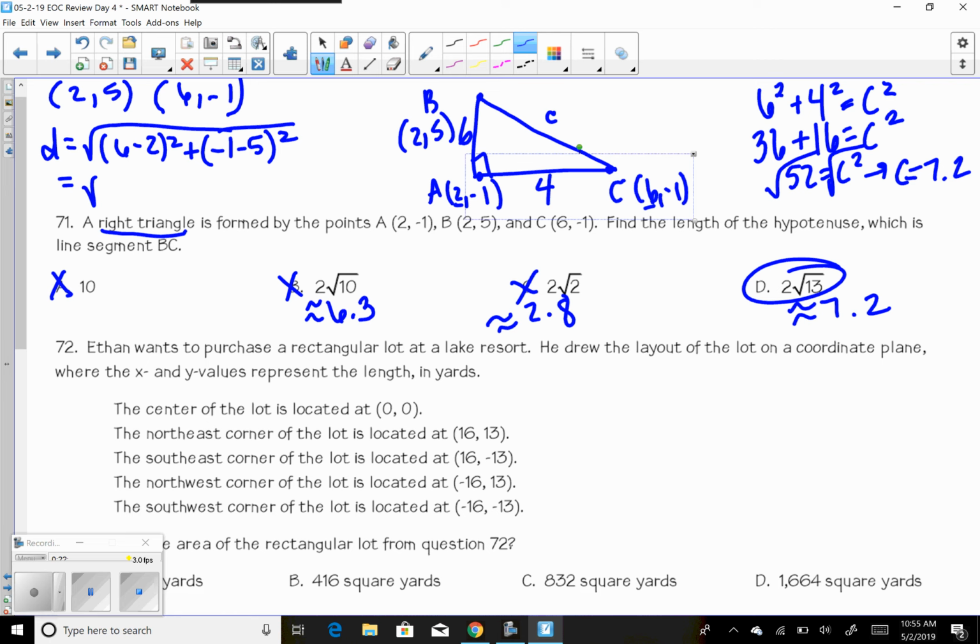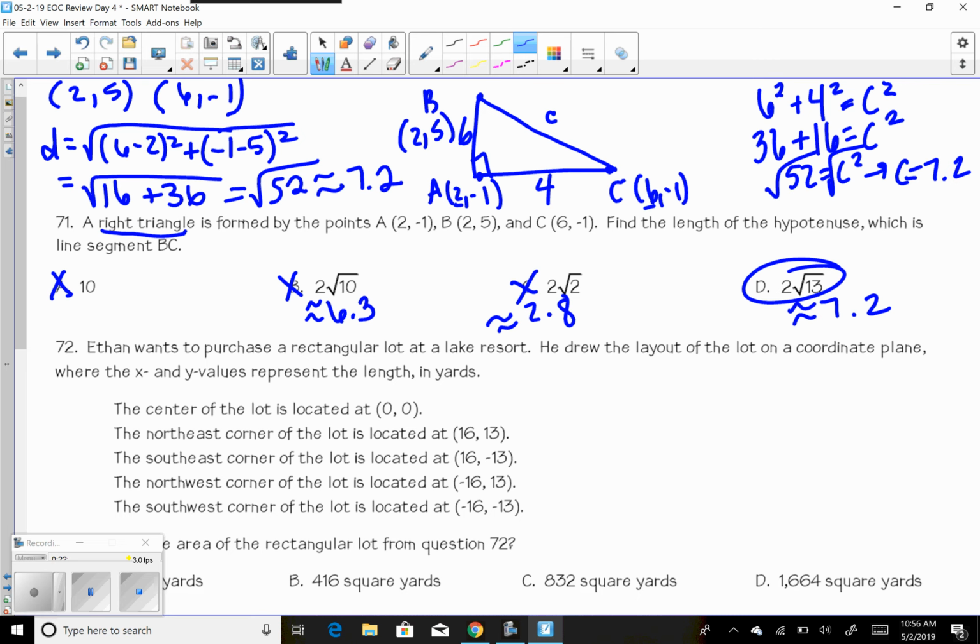Okay, you end up with the square root of 6 minus 2 is 4. 4 squared is 16. -1 minus 5 is -6. -6 squared is 36. Okay, notice these are similar. These are the same numbers, 36 and 16, right? That's the square root of 52, which is approximately 7.2.